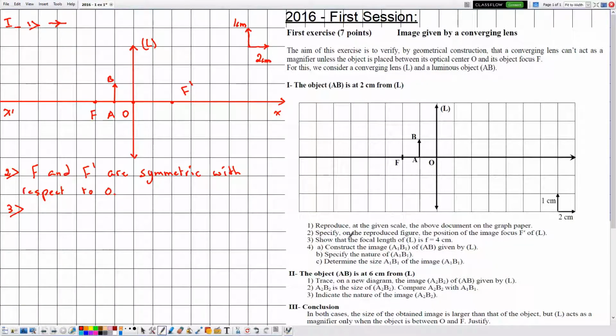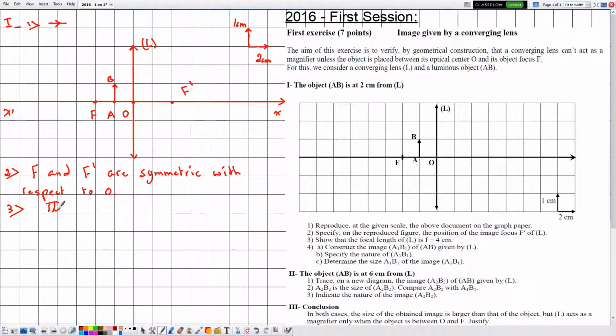Now in number 3, they are telling me show that the focal length of L is f equal to 4 centimeters. So in other words, we need to calculate the focal length graphically, because now we know the position of the image focus and we already know the position of the optical center, which is the point O. So we always start by writing the definition of the focal length.